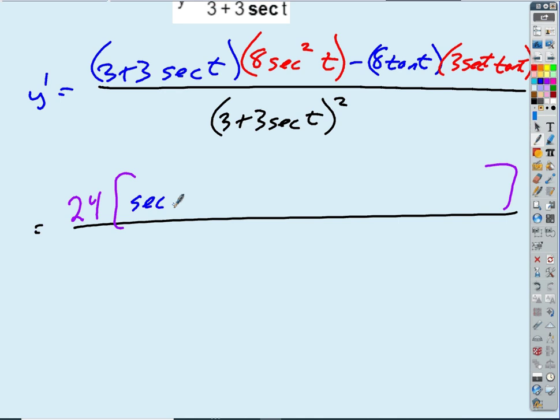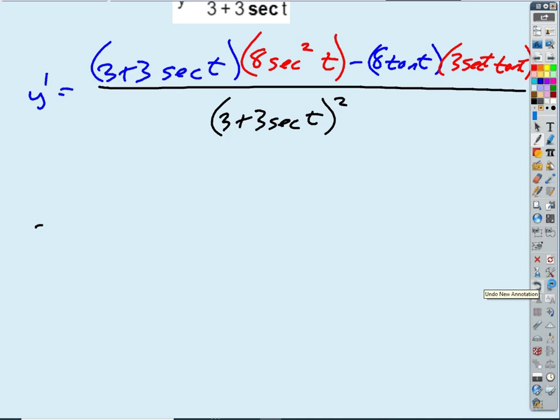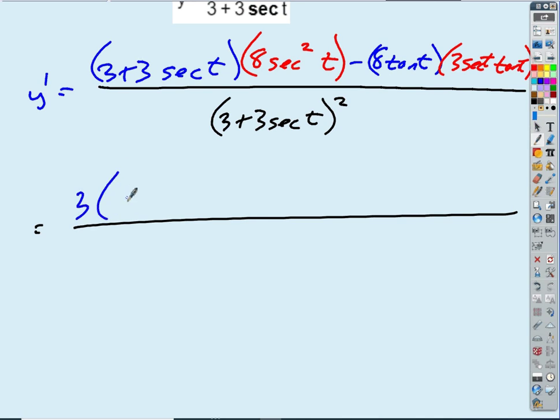I'm lost. Okay, I'm skipping too many steps. Let me go back a step here. So let's go on the top. Let's factor a 3 out of this, 1 plus secant t. Okay.